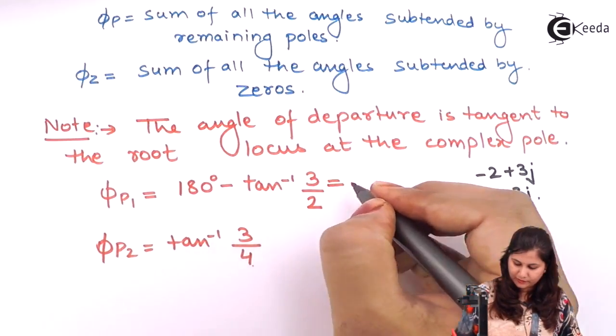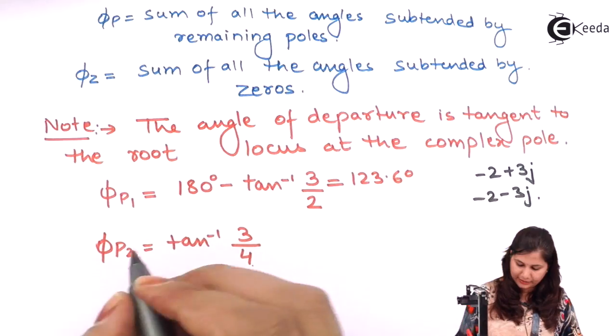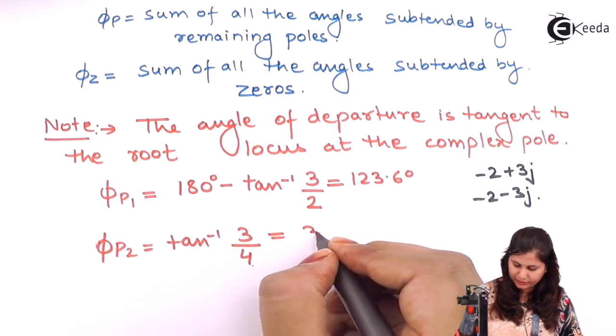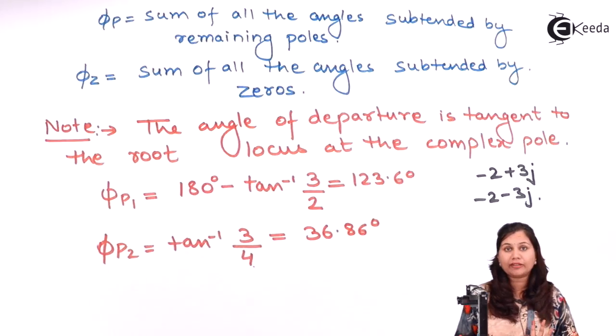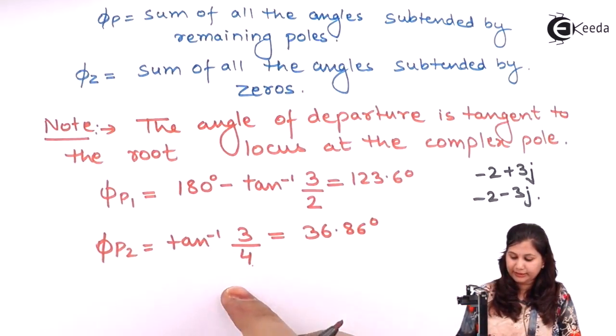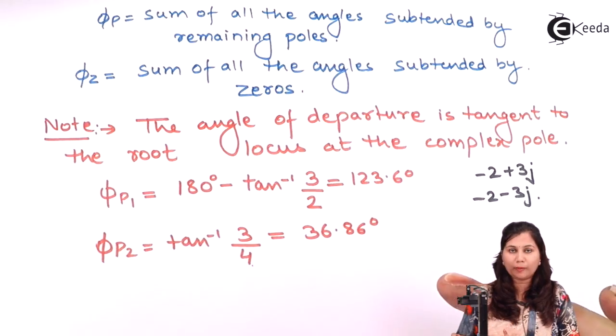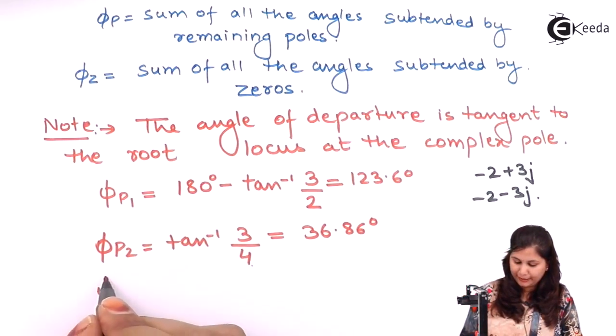So its value will come out to be 123.6 degrees, and the value for this will come out to be 36.86 degrees. Because we are calculating the angle of departure for one complex pole, we will obtain phi p1, phi p2 and phi p3.